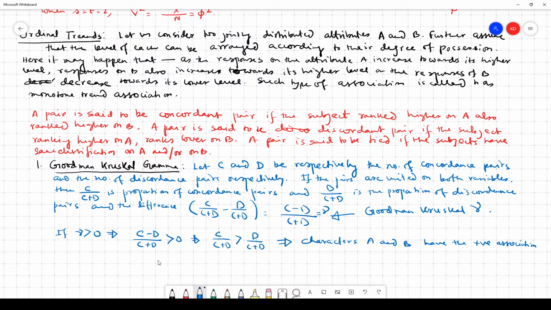And if gamma is less than 0, that is this is less than this, that is characters A and B have the negative association.